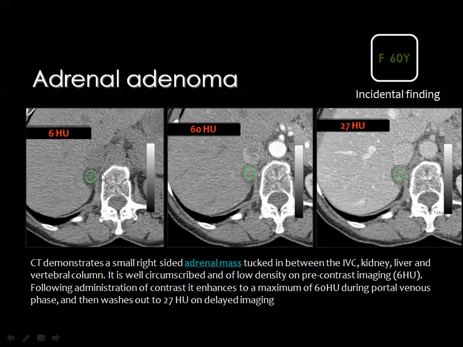And the pre-contrast density is around 0, plus 10, minus 10. After contrast injection, the gland will enhance similar to any other structure, but in the delayed scan, the gland will wash out the contrast by more than 60% compared to the initial post-contrast scan.